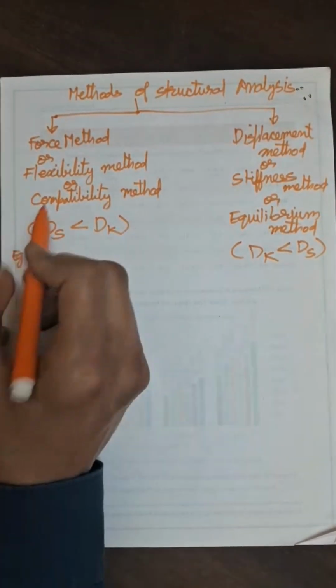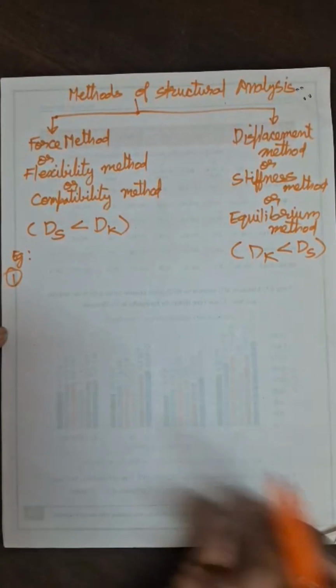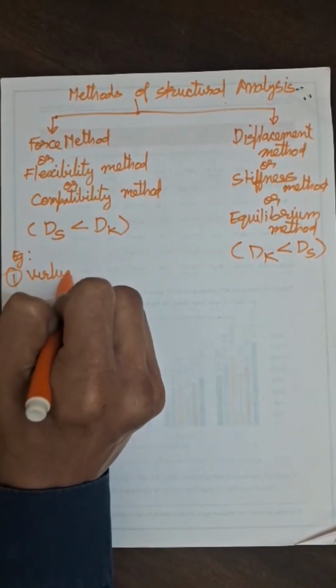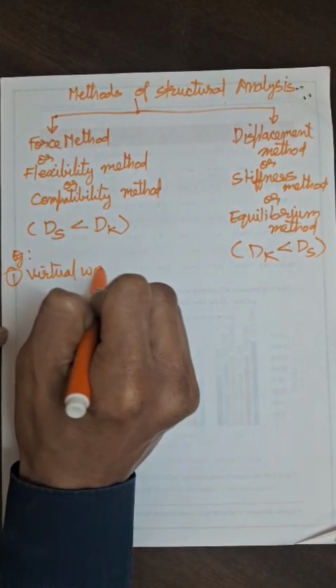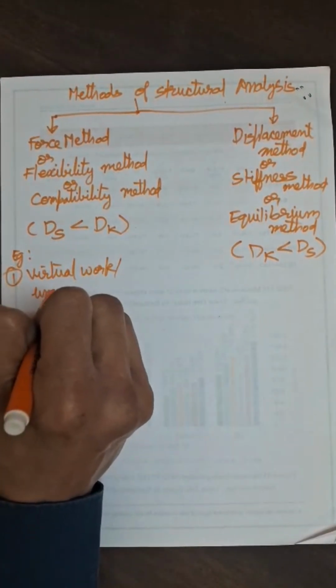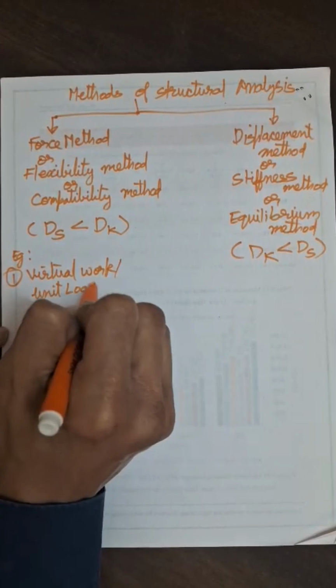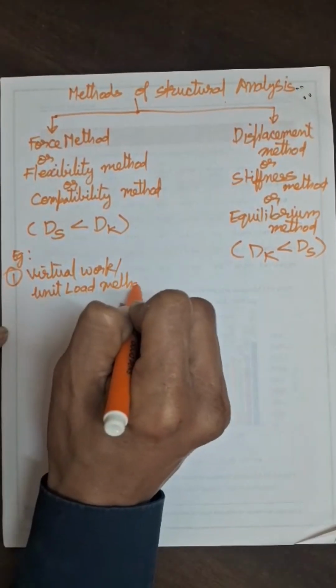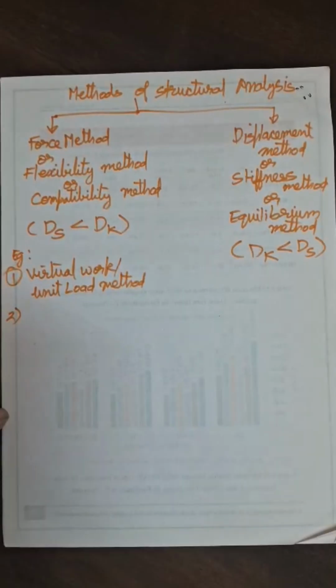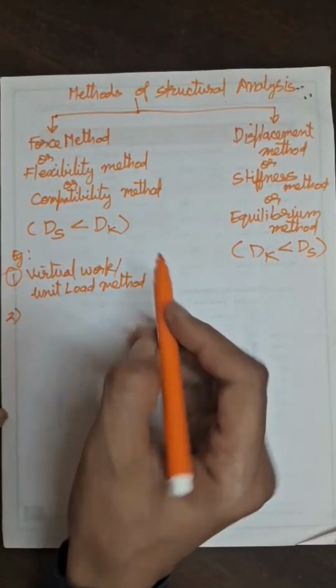So for example, here I can name a few methods like virtual work method. Virtual work is also known as unit load method. Then unit load method, that is actually you can say Castigliano's second theorem.